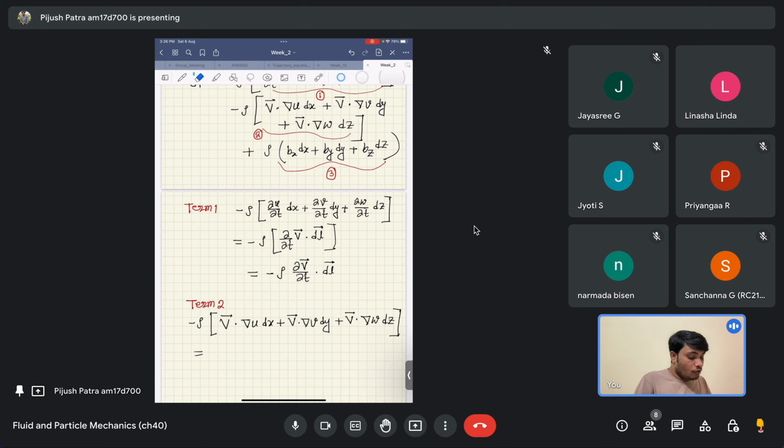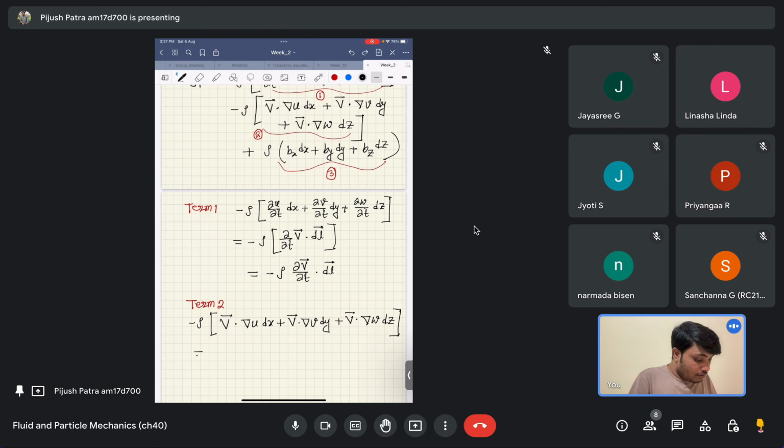Now if I common the v vector from all of this, so this gradient u, then dx, dy and dz are there, so I can write it in this format.